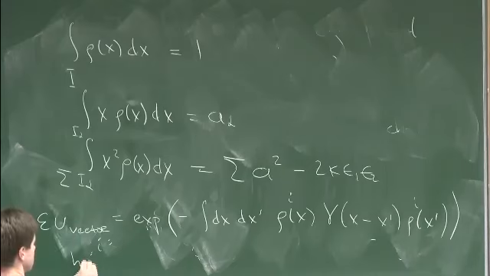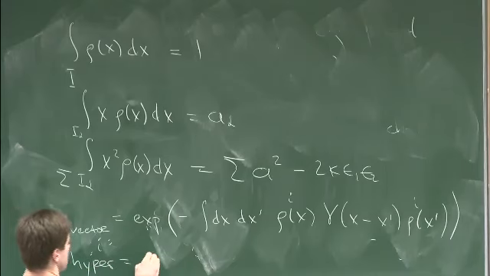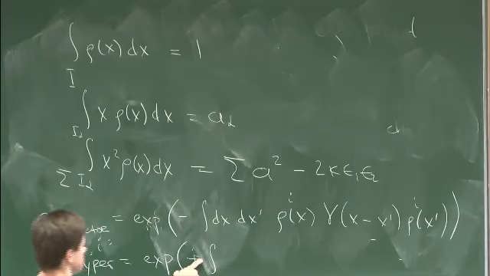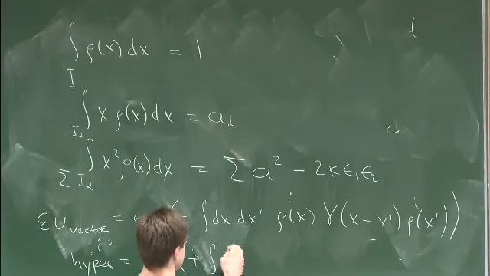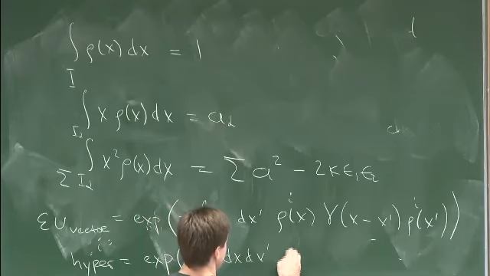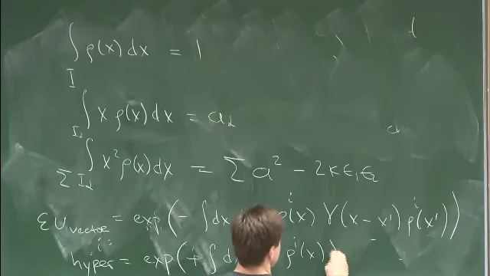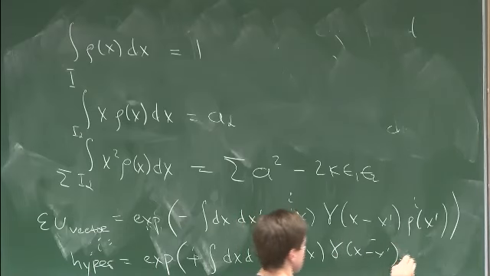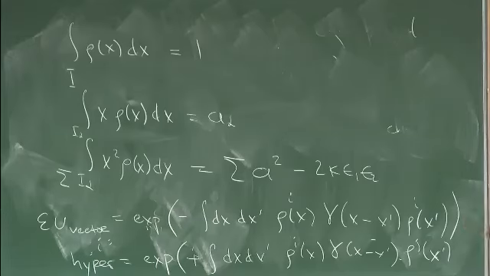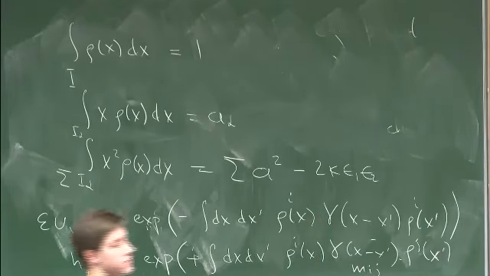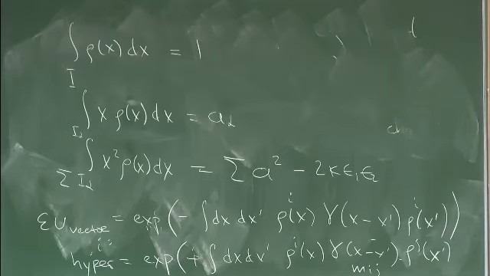For the hypermultiplet, it's more or less the same, just with the opposite sign, because the statistics is exchanged between fermions and bosons regarding this cohomological interpretation. So it's dx dx prime, rho i of x, gamma of x minus x prime, rho j of x prime, and generally it is shifted by m_ij, the mass of the corresponding hypermultiplet.